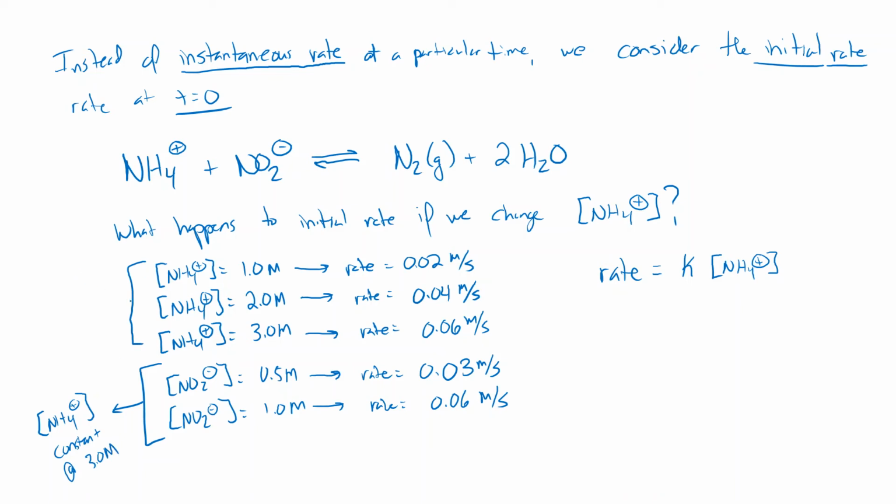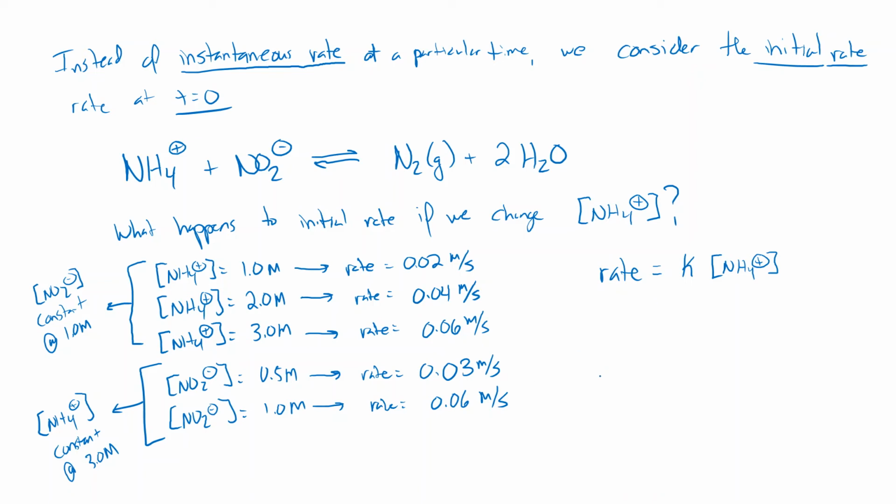In these three examples, the concentration of NO2 minus is constant at 1 molar. And so when we have 3 molar NH4 plus and 1 molar NO2 minus, 0.06 molar per second.